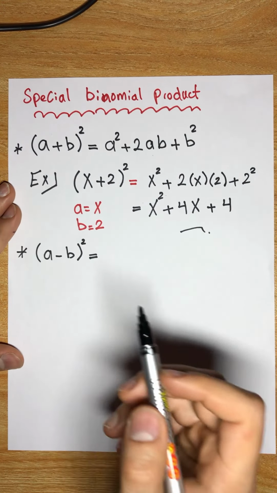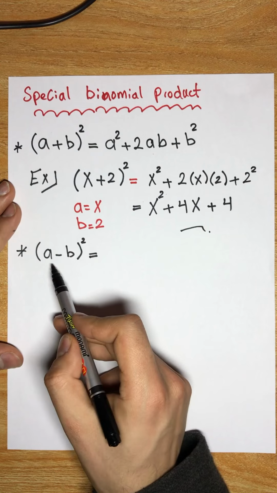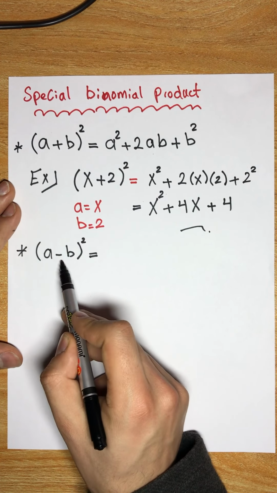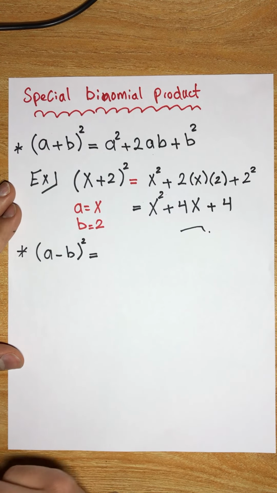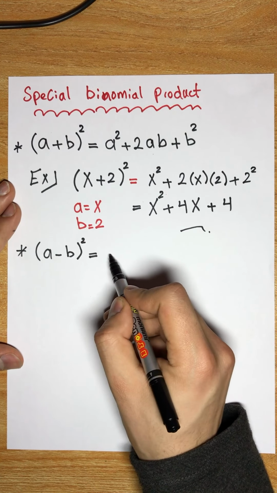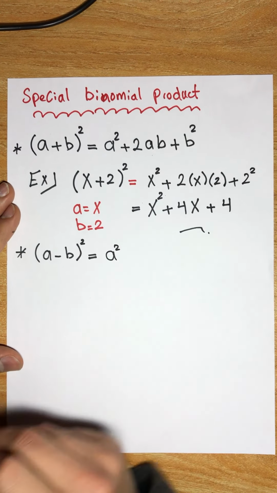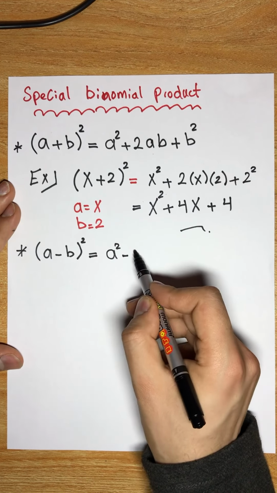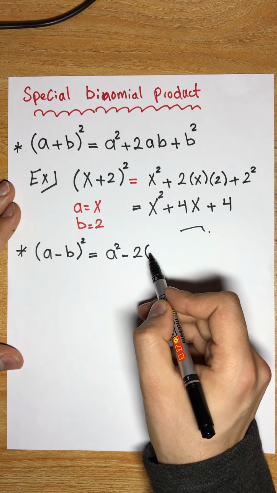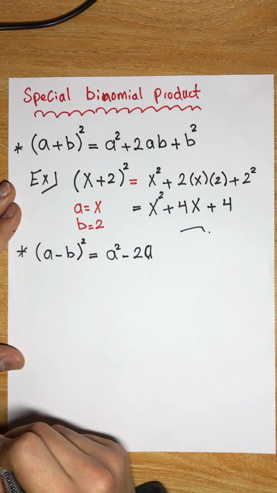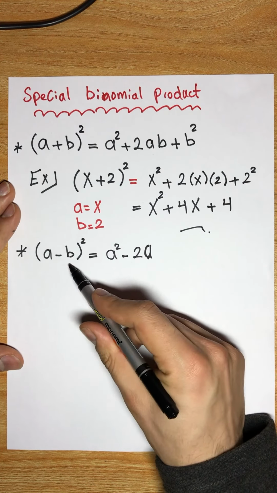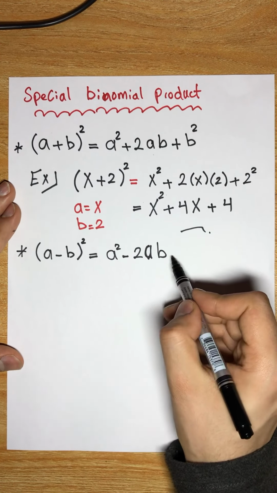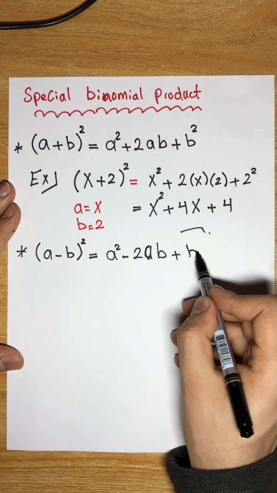That's all. Okay, now if we have an expression in this form, a minus b squared, then we can expand by using this rule, a squared and then minus 2 times a times b, and then plus b squared.